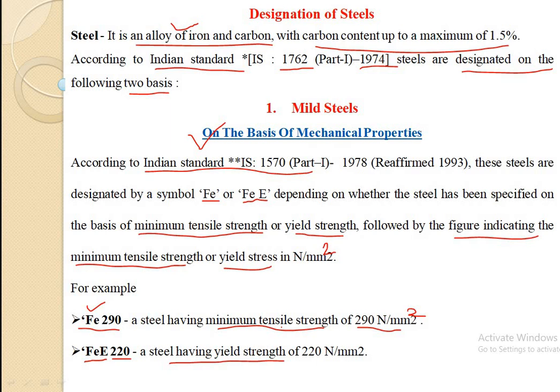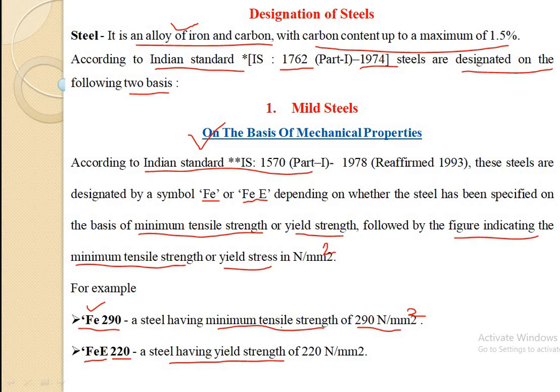The number following that symbol indicates its strength, whether it is the minimum tensile strength or the yield strength. Once again, Fe stands for minimum tensile strength, FeE is used for minimum yield strength.